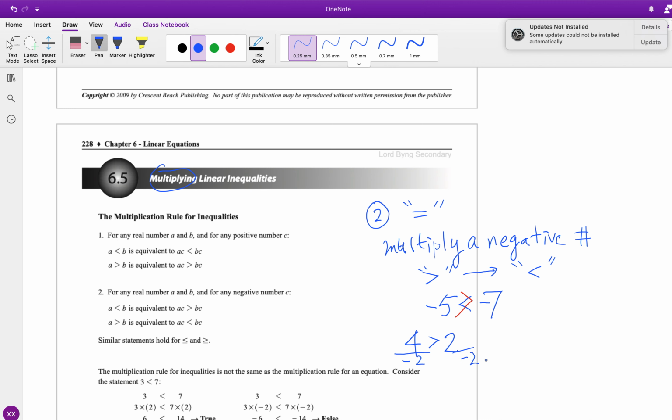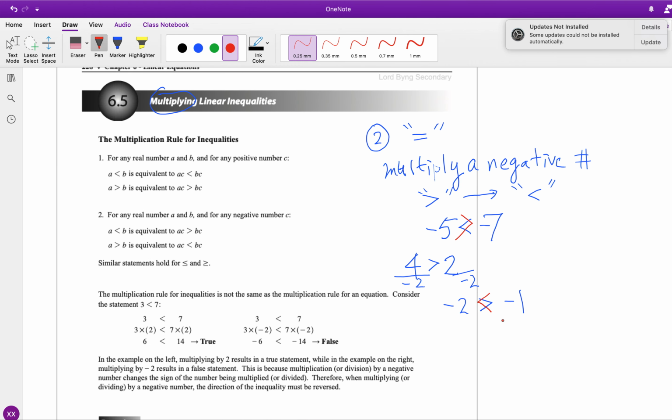Then this side becomes -2 and the other side becomes -1. Is -2 larger than -1? No. Probably this time if you ask the 5-year-old, that might be a problem. But you should know that -2 for sure is less than -1. So therefore, the inequality sign must switch when you multiply or divide by a negative number.